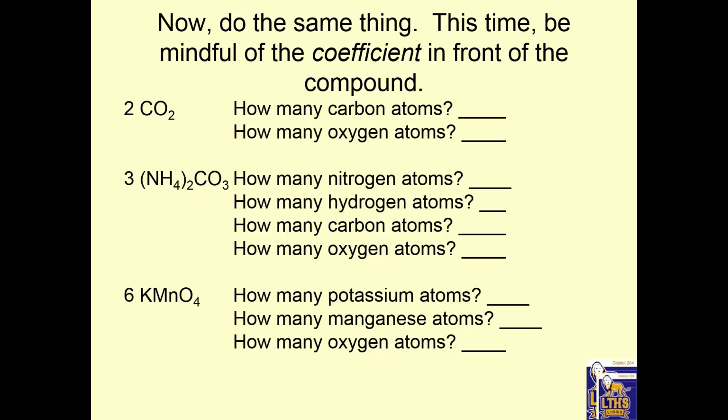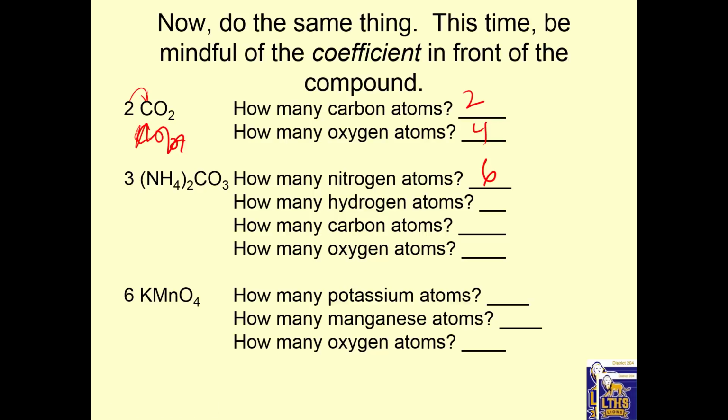So now we have to use coefficients to count. Carbon dioxide is CO2. If we have 2 of them, there's 1, there's 2. So you multiply: 2 C's and 4 O's. If you need to write it out, write it out. Okay. So 3 ammonium carbonates. There's 2 nitrogens in the compound, so 2 times 3 is 6 nitrogen atoms.